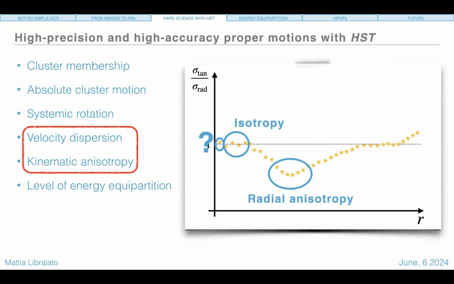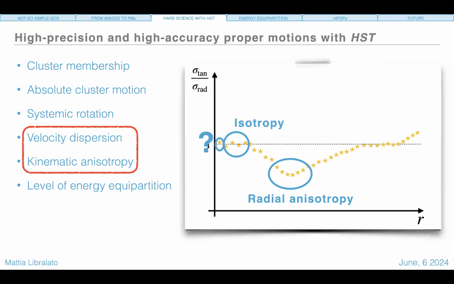With HST and Gaia, as I said, we've seen different features for many clusters. Recently with HACKS, we have this large collection of proper motions. We also started to study general kinematic properties of globular clusters, in a similar fashion to what has been done historically for photometry and spectroscopy, putting all the clusters together to see what things are common.